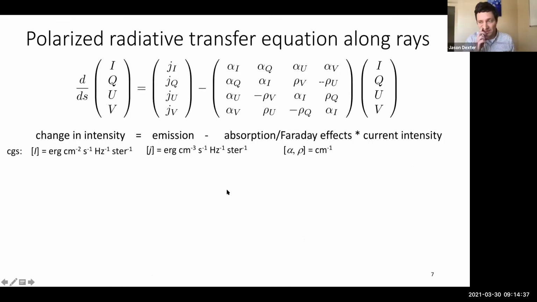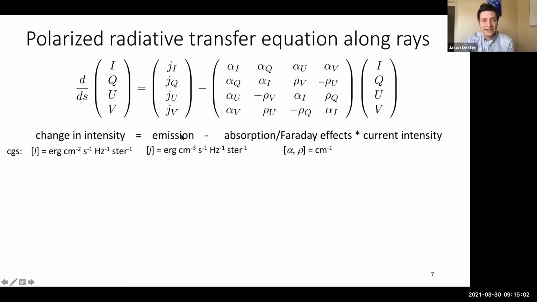Great, so I want to briefly show the polarized radiative transfer equation written along rays. So again, on light rays, from our camera to a black hole, and that can account for, for example, light bending and those types of effects. But this is a non-relativistic version of this written for the 4 Stokes parameters, intensities on the left. The way to read this in words is that we have a change in intensity along our path.